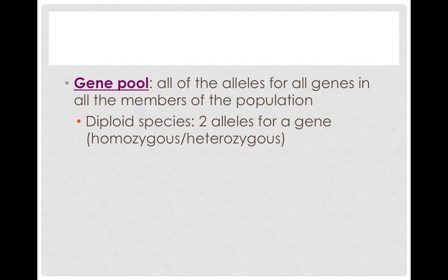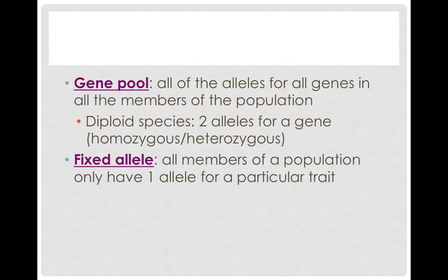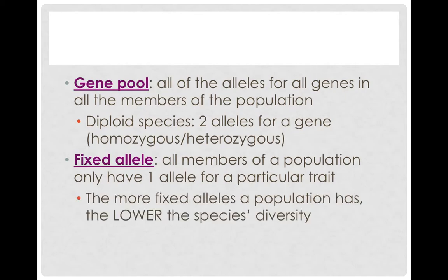For diploid species, there are 2 alleles for every gene, and those are either homozygous or heterozygous. The fixed allele is the idea that all members of a population have only one allele that codes for a particular trait. The more fixed alleles there are, the lower the species diversity. In humans, we don't have very many fixed alleles, but other species have a lot more.